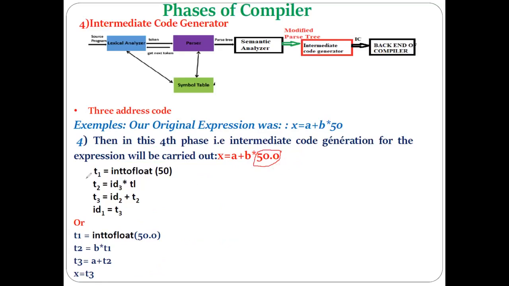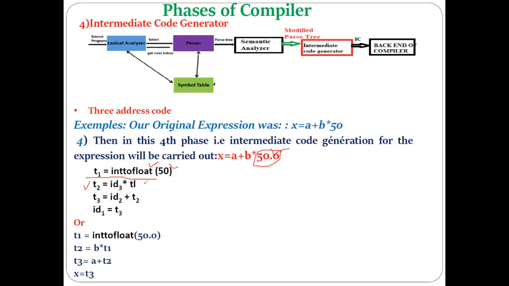That's why we write T1 equal to into float 50. Into float 50 means convert the 50 into 50.0. So the first preference will be given to this part. Then we utilize another, second temporary variable, T2 equal to ID3 into T1.